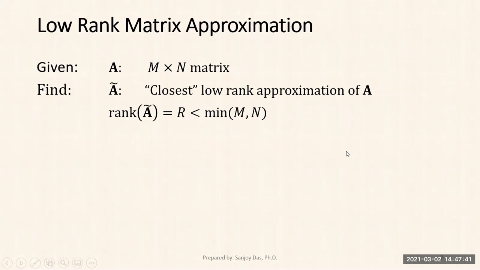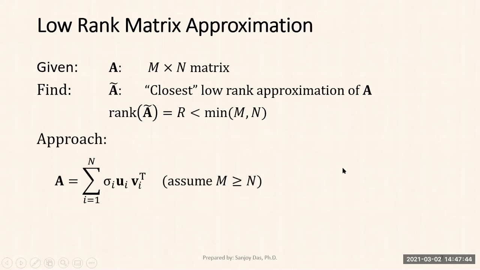Okay. So what is A tilde then? This is the approach. We do the SVD of A, and then A is equal to the sum from i equals 1 through n of sigma i ui vi transpose. And each ui vi transpose is a rank 1 matrix. Okay, now if you add two rank 1 matrices, you'll get at best a rank 2 matrix.